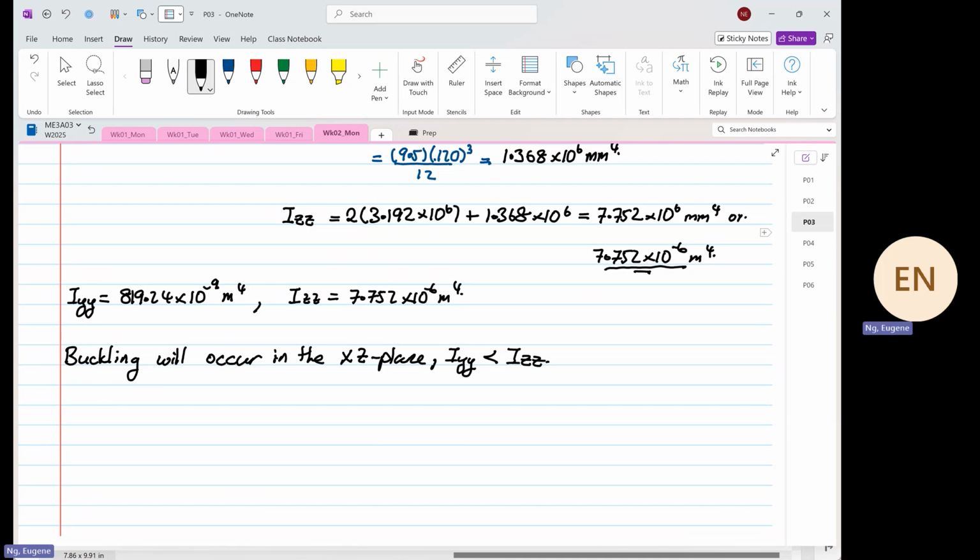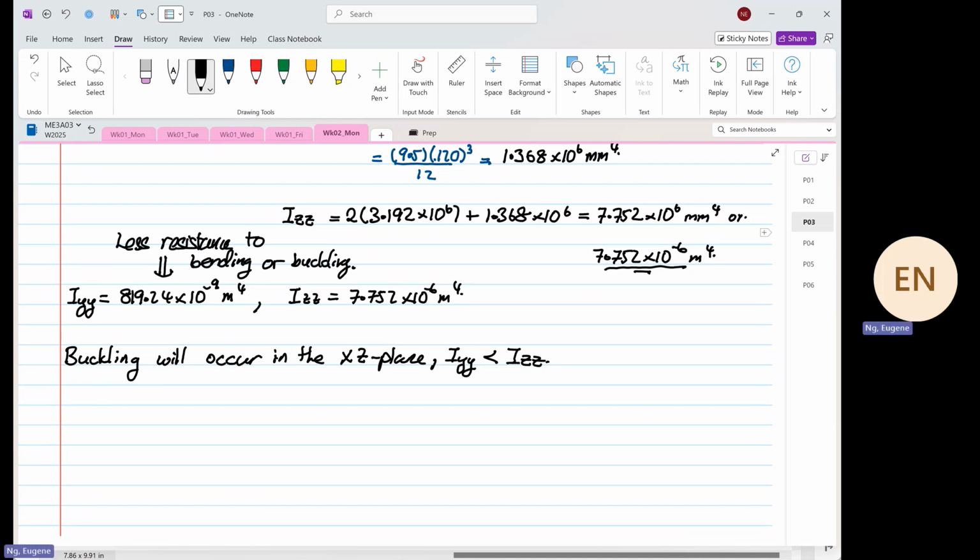So basically, when the value of IYY is lower, it means less resistance to bending, or in this context, buckling. Right? It makes sense, yes or no?